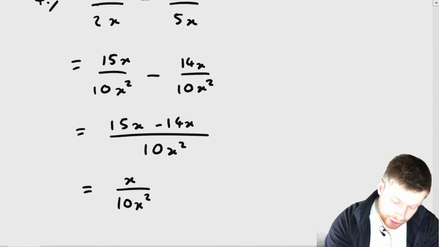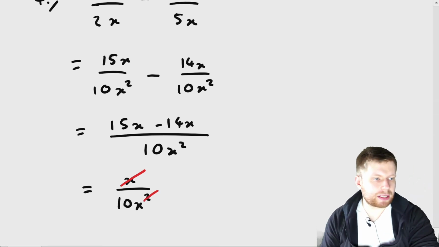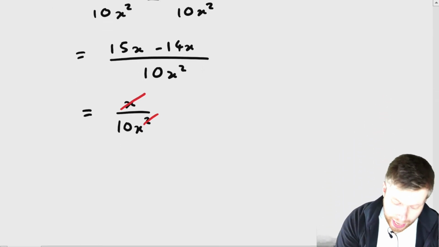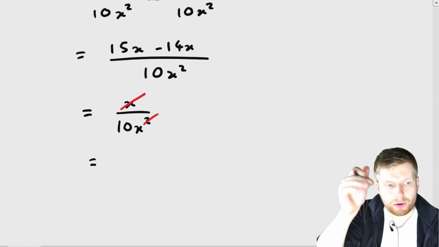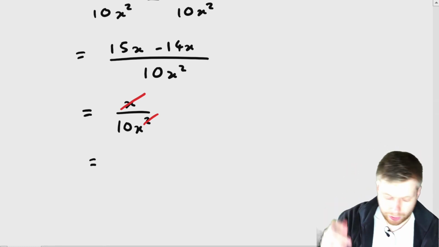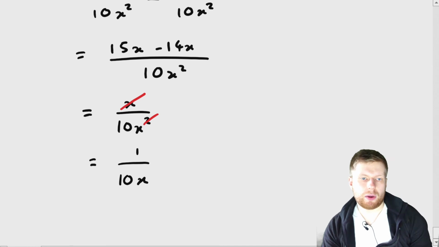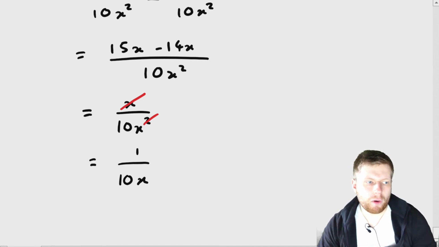And then I can actually make a simplification here, because if I have x and I'm dividing by x squared, then I've basically cancelled off an x. X divided by x makes 1. So the final answer is going to be 1 over 10x. All right, fine.